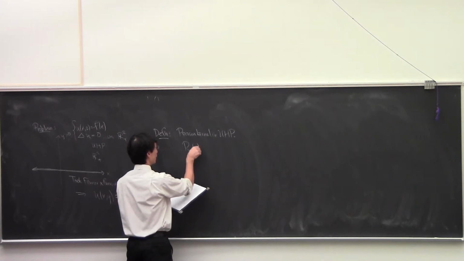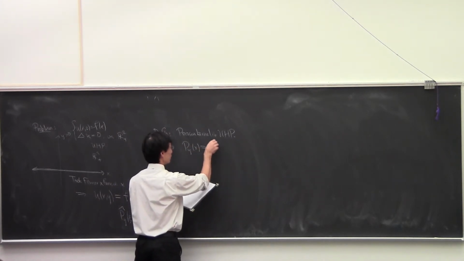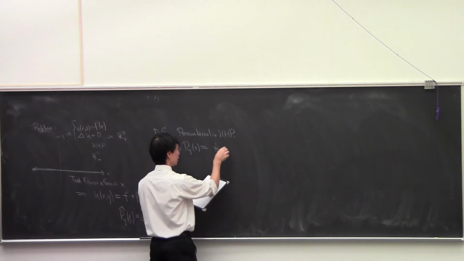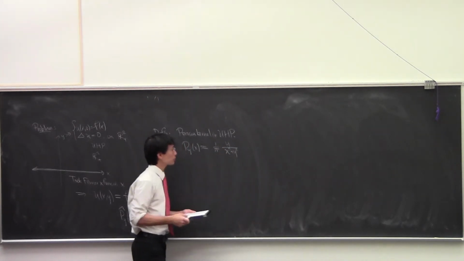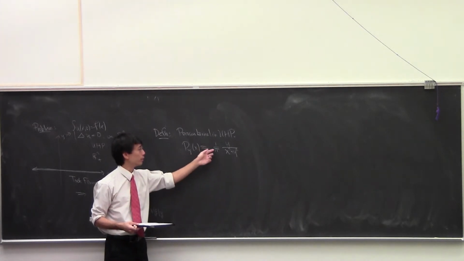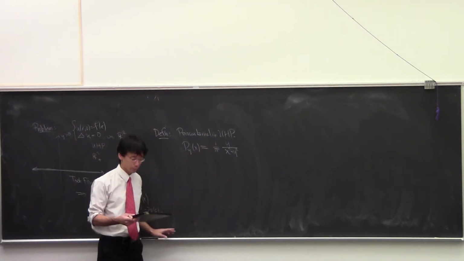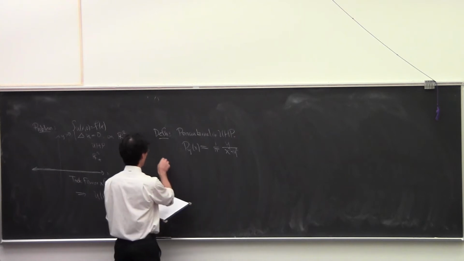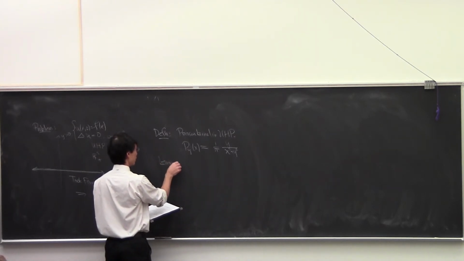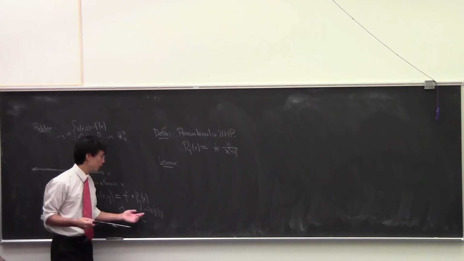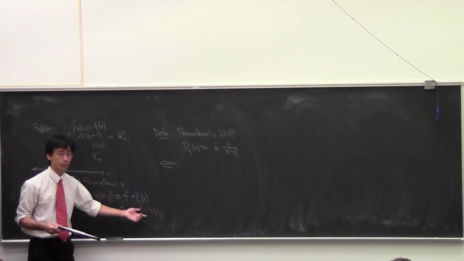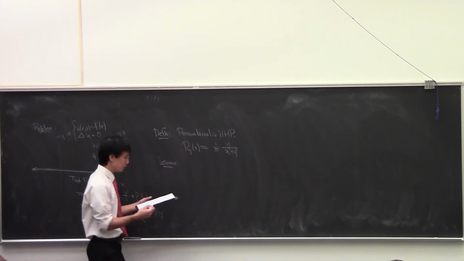The Poisson kernel in the upper half plane is defined like this: P_y(x) is 1 over pi times y over x squared plus y squared. And I think we just about started this lemma saying that the Poisson kernel really is the guy whose Fourier transform is this.